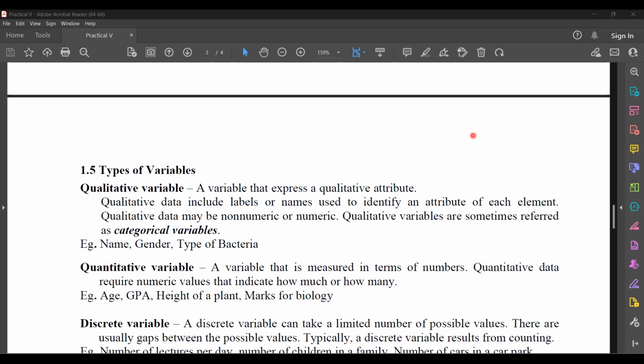Basically, these levels of measurement indicate how much information the numbers associated with a certain variable carry. In statistics there are 4 levels of measurement: nominal, ordinal, interval, and ratio. So let's discuss these.